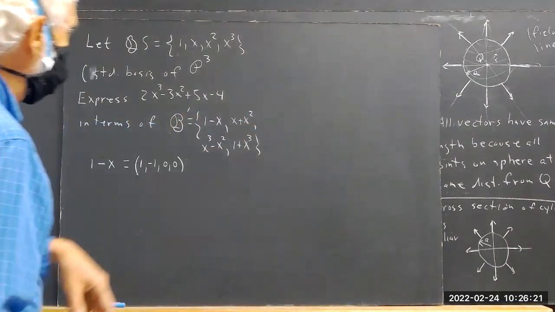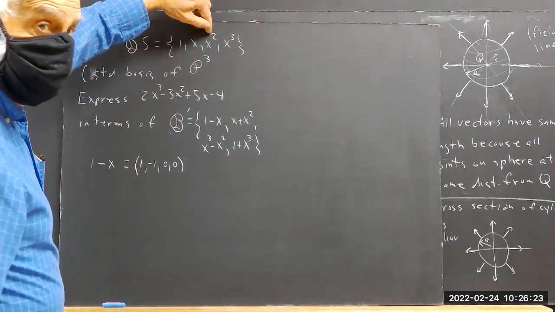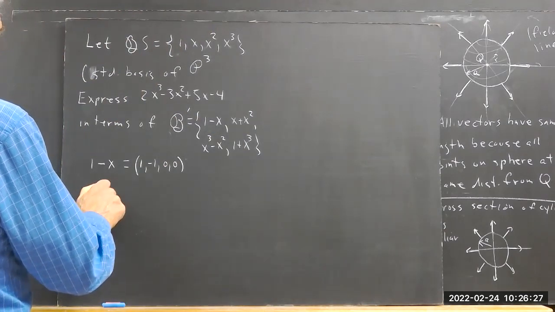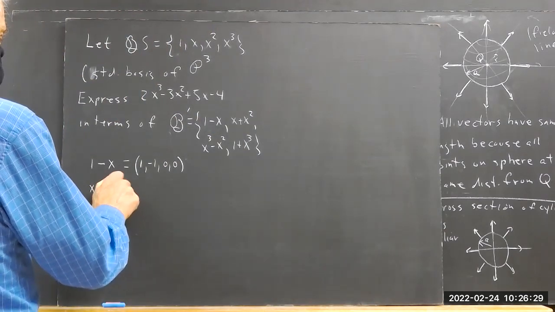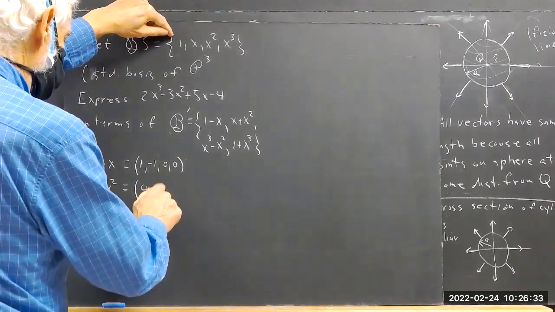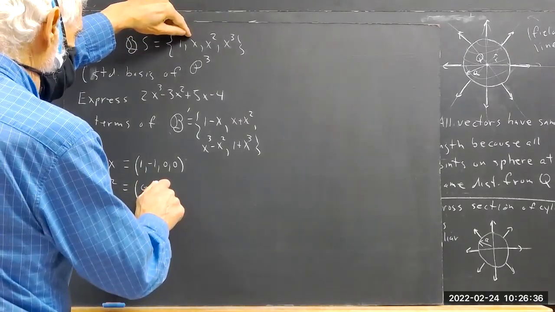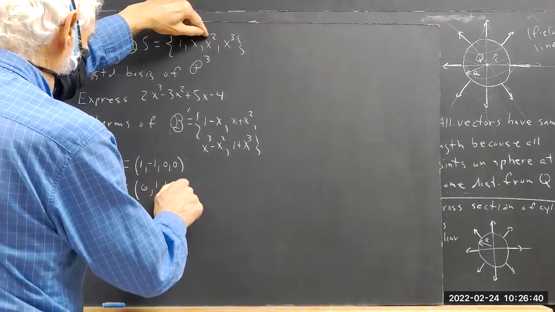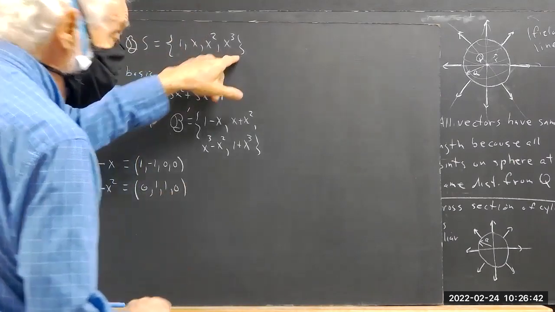So, x plus x squared is this plus this, right? Which would be represented as 0 times this plus 1 times this plus 1 times this plus 0 times this, right?